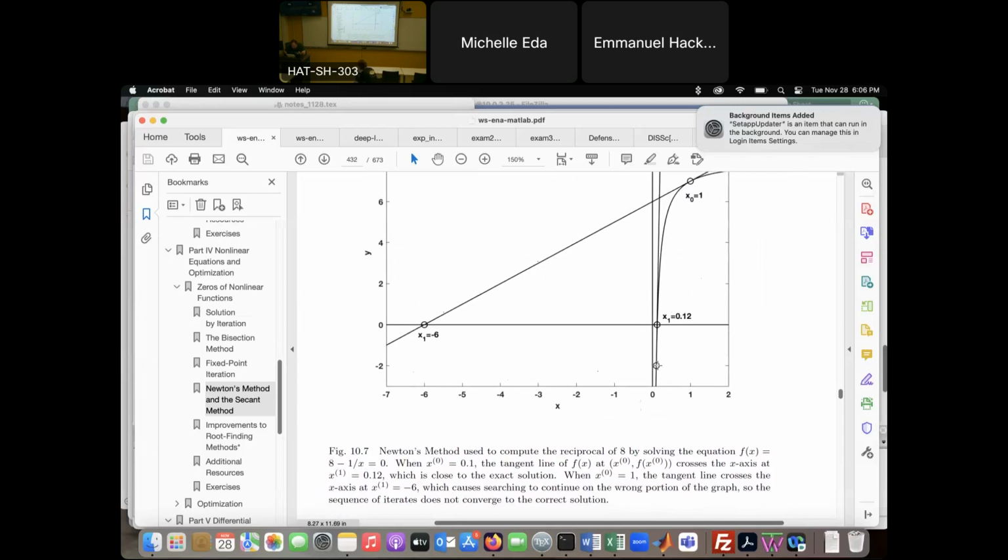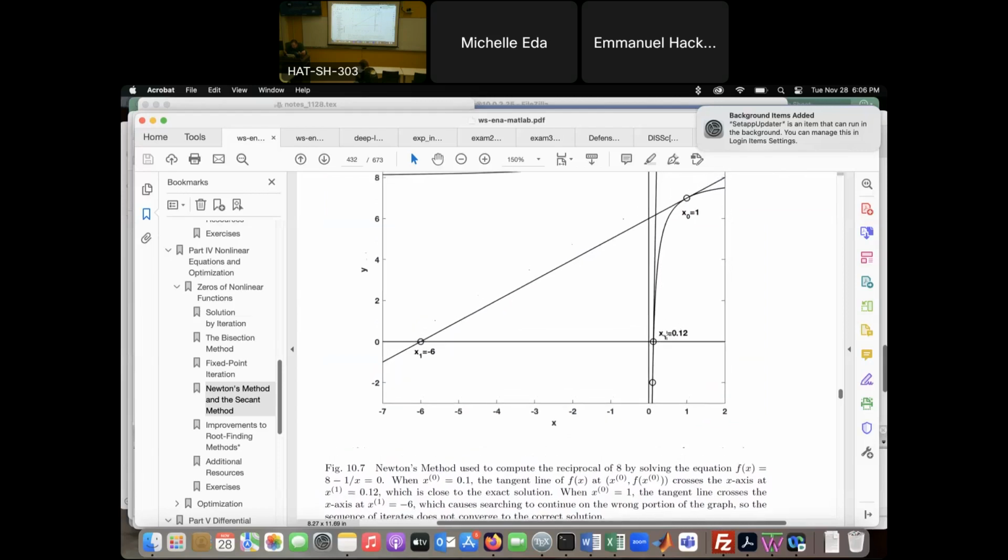So here, this circle right here is my good initial guess, 0.1. I compute the tangent line, which is closely following the graph of the function. And what happens is I get a good approximation to the root.